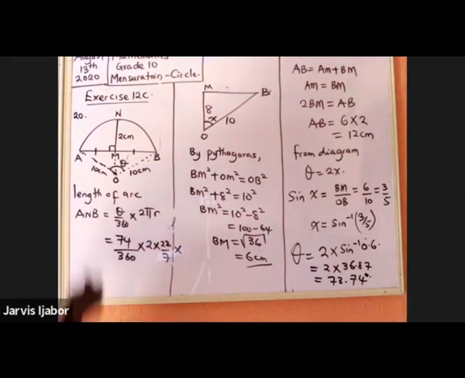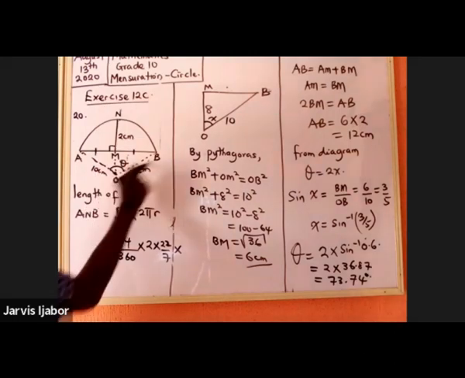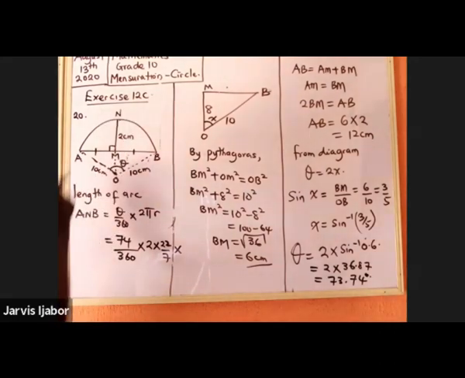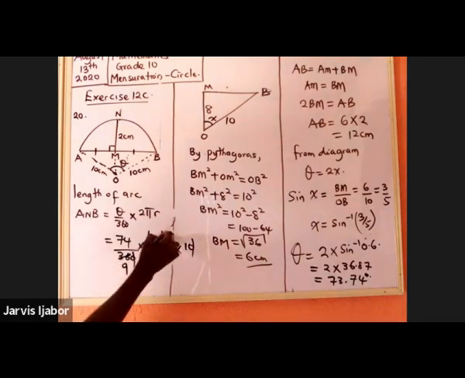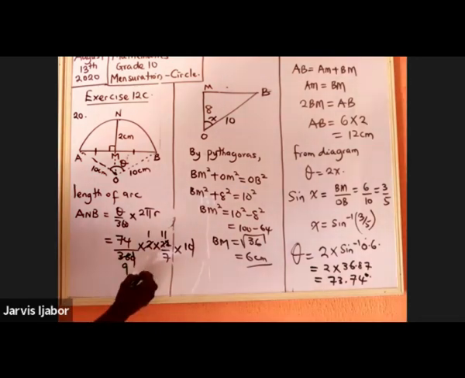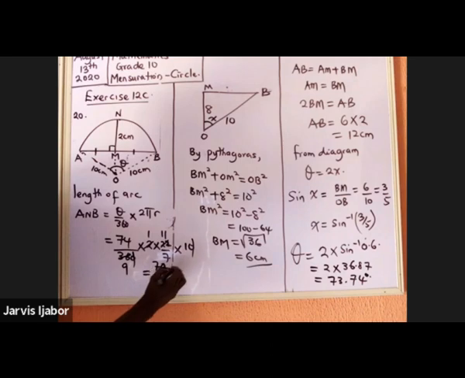The radius in this question is given as 10. Look at it, OB, ON, OA, so that will be 10. 10 will go here. That will cancel that. So I'm going to have 74 times 11 divided by 9 times 7.